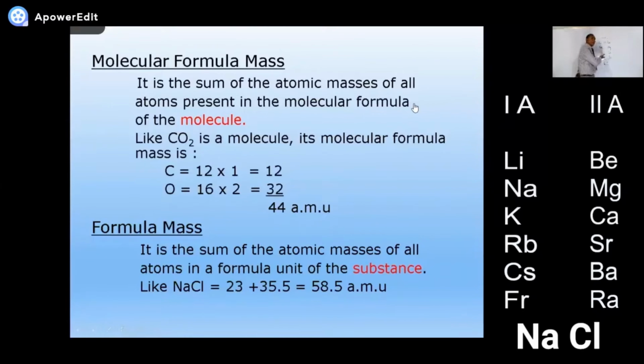They do not form any molecule. They form a different kind of compounds. Those are called ionic compounds. So you see sodium over here, so it means it's not a molecular compound. It's just an ionic compound.